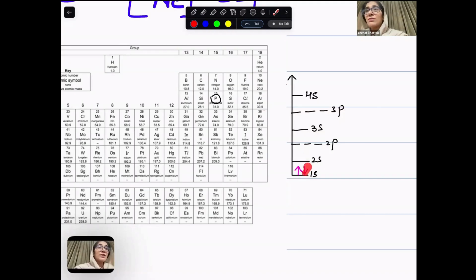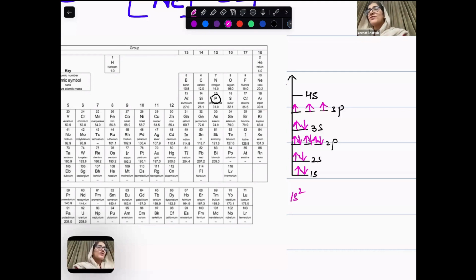Now when there is no space, the third goes to 2s, the fourth pairs up. Fifth, sixth single, seventh single, eighth pairs up, ninth, tenth pair up, 11th goes to the higher energy, 12th pairs up, then 13, 14, 15.